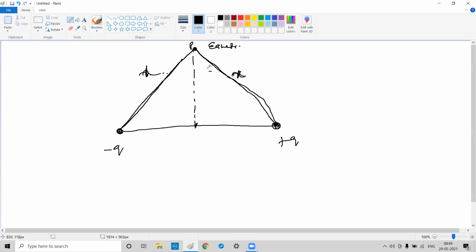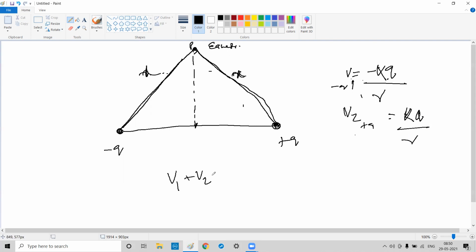Okay. So what is the potential? From this point to this, simple point charge formula, minus KQ by X, because Q is minus. Let's say this is V1 and this is V2. For this one, plus Q, it will be KQ by X. So what is the net potential?